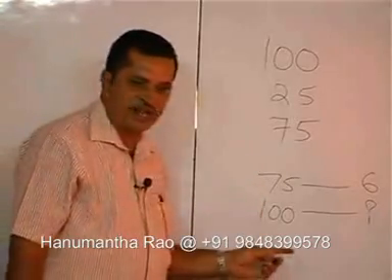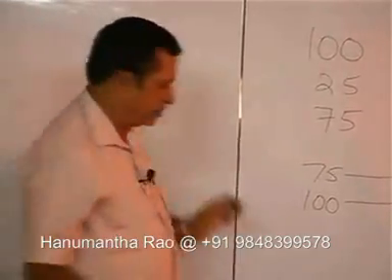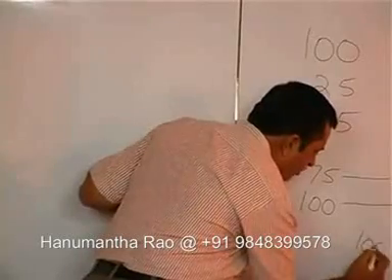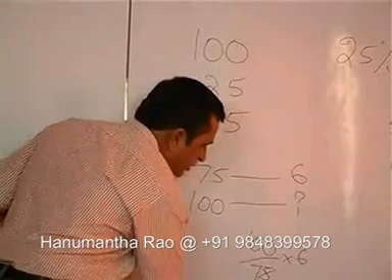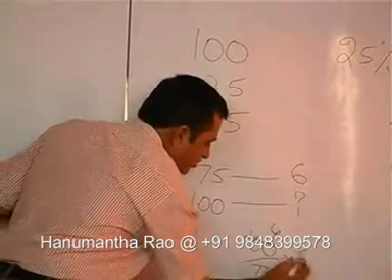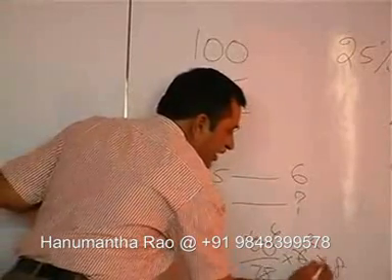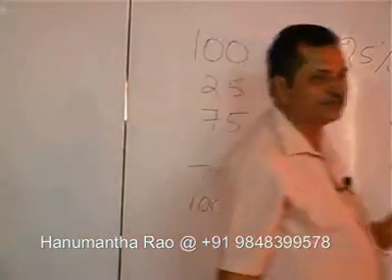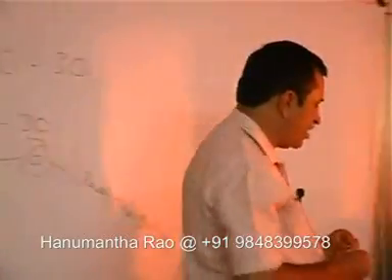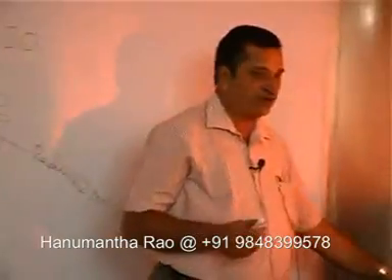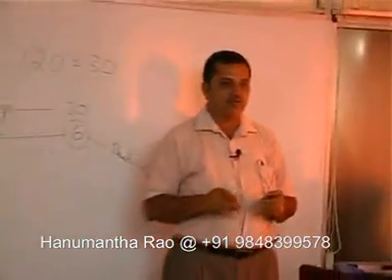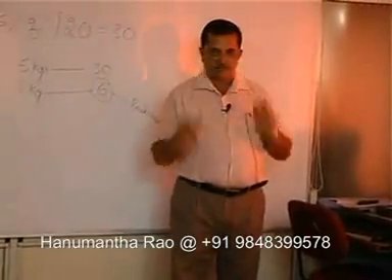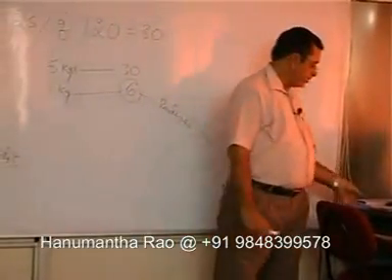Compared with 75, the value of 100 will be more. So more by less into 6, 25 threes, 25 fours, 3 twos, 8 rupees. The original cost of the mango is 8 rupees. A 25% reduction means he got the mango for 6 rupees. Understand? Next problem.